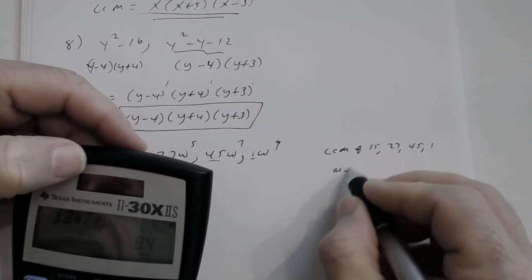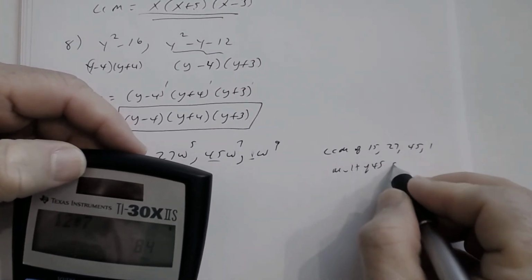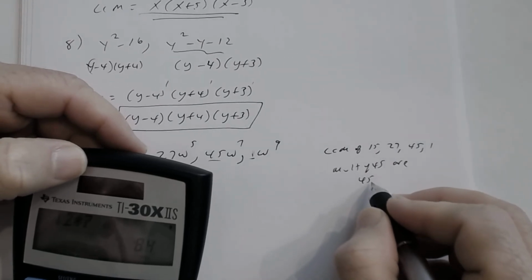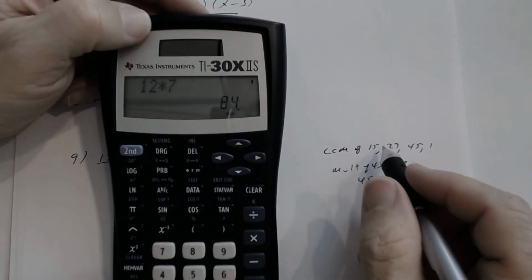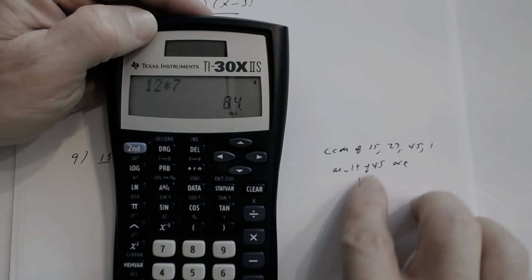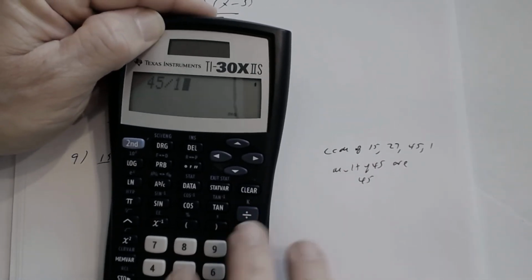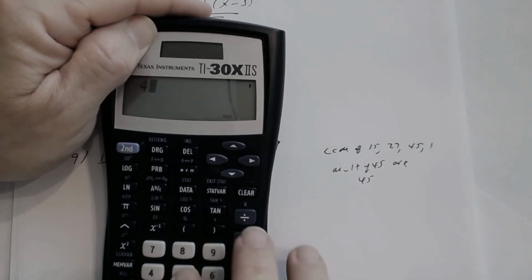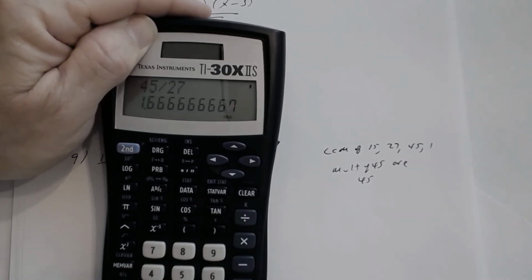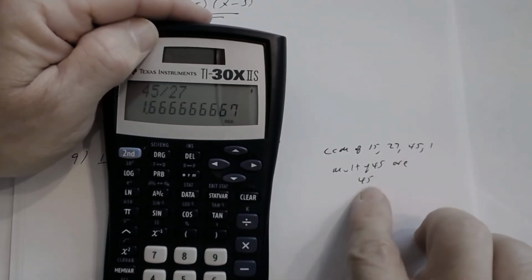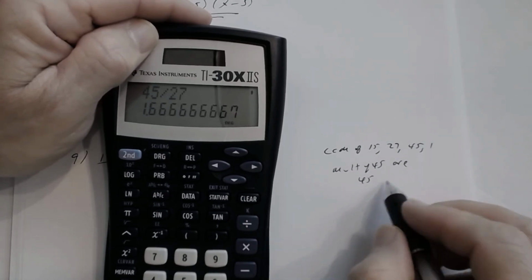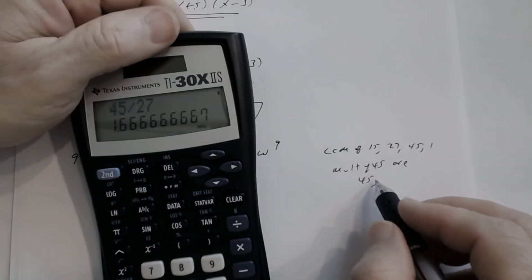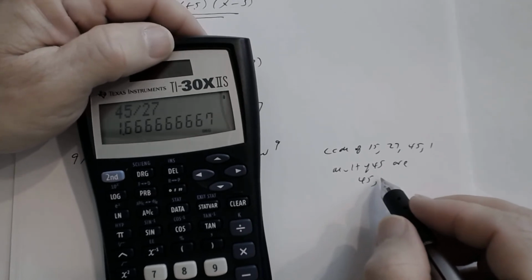So the multiples of 45 are 45 times 1 is 45. So let's see if 15 goes into 45. 45 divided by 15, yes it does. Let's see if 27 goes into 45. 45 divided by 27, nope, it does not. Now 1 goes into everything, so we can go to the next multiple of 45. So 45 times 2 is 90, right?